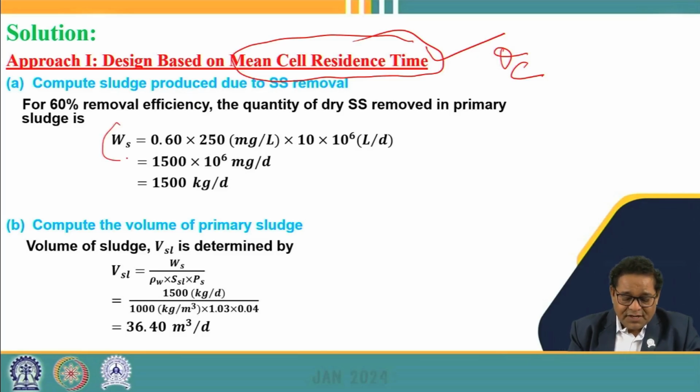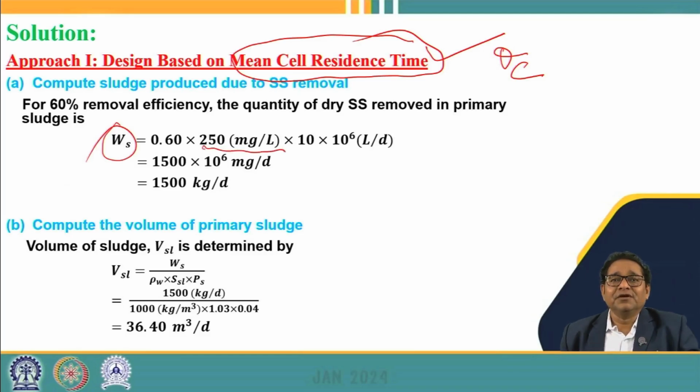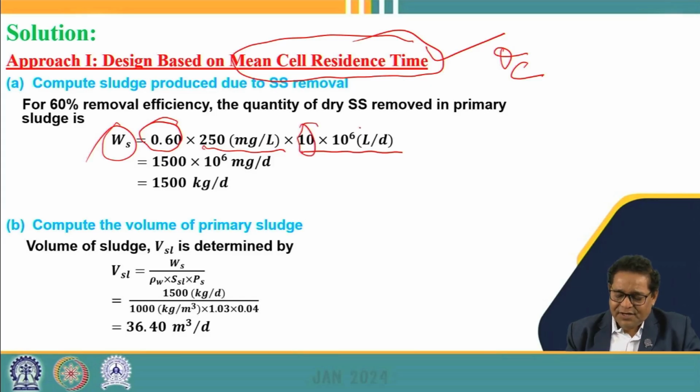We can get this because the initial concentration is 250 milligram per liter, and 60% of this is the suspended solids that will be removed in the primary clarifier. If we multiply with the flow rate, which is 10 MLD, converted to liter per day we have to multiply by 10 raised to power 6.